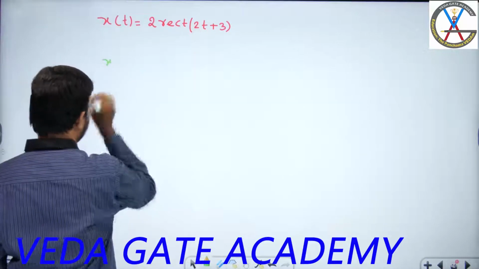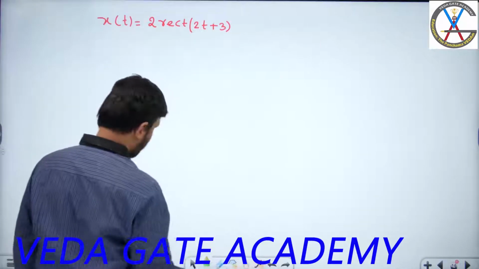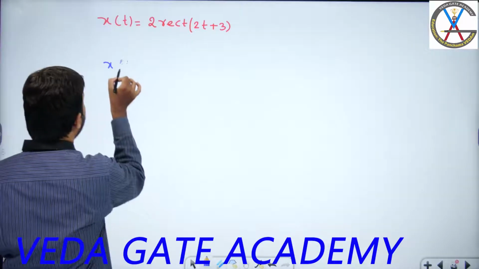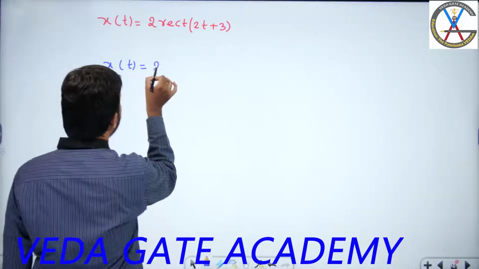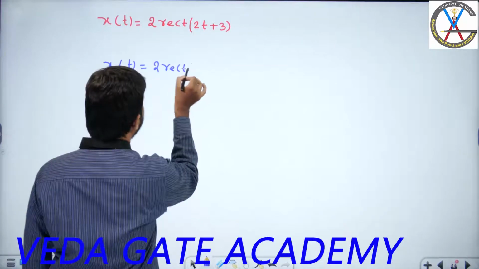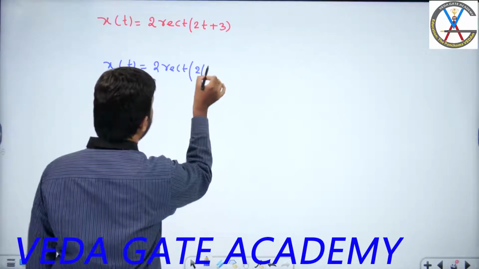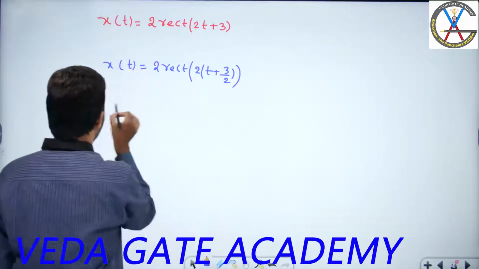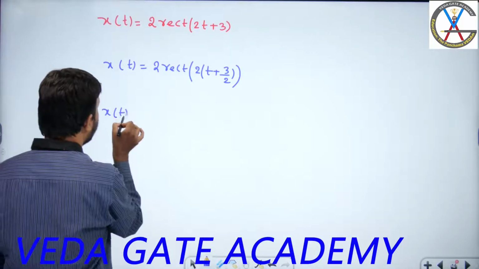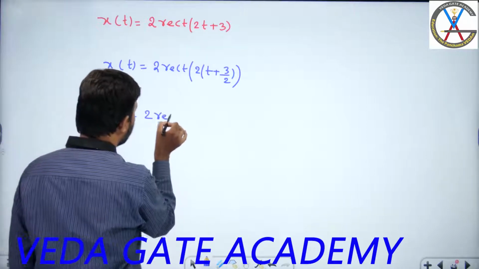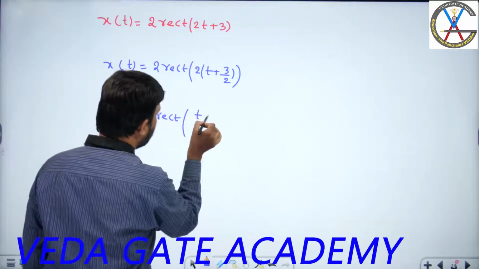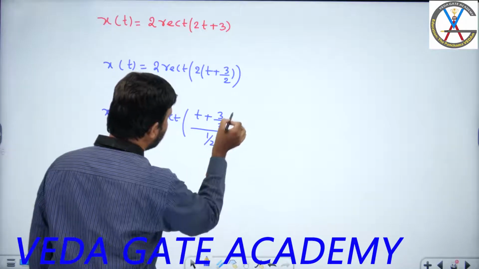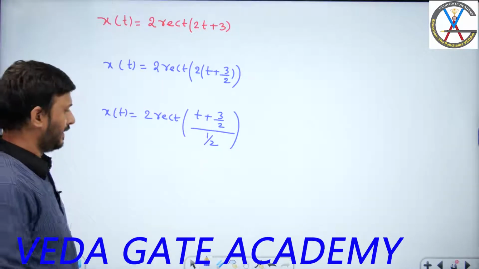How? x of t is equal to 2 rect of, take 2 common, t plus 3 by 2. Or if I simplify this, 2 rect of t plus 3 by 2, by 1 by 2. Can I write like this? Happily I can write like this.